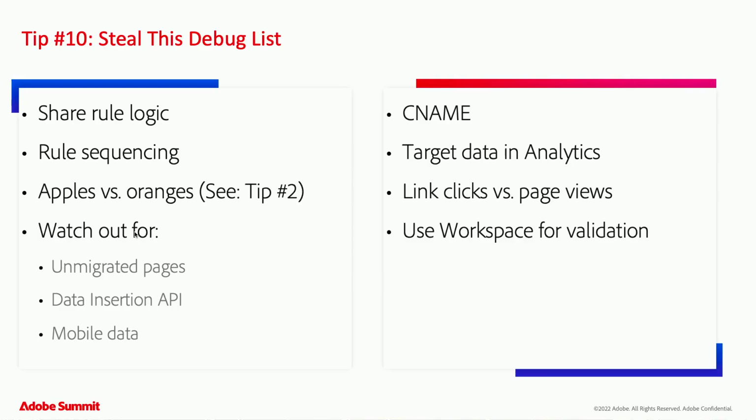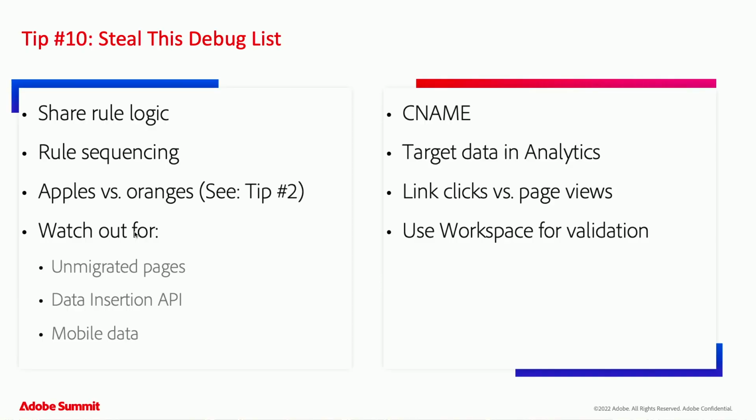Link clicks versus page views. Not going to go into great detail here, but in AppMeasurement, you choose when you send a call whether it's a link click or a page view, and you do that in a certain way. There's an s.tl call versus an s.t call, for those familiar with those function calls.